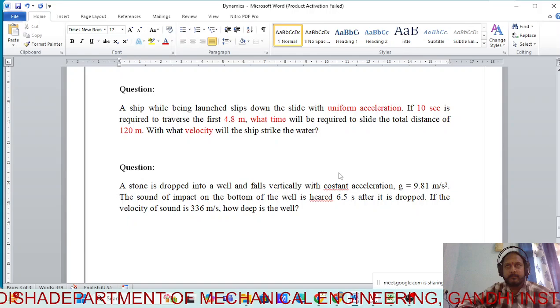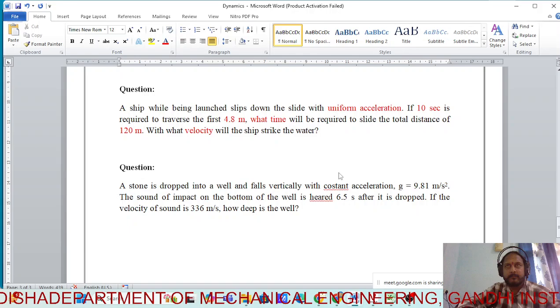What do you understand by this statement? You are near the well. You are dropping the stone. The sound is heard in your ears after 6.5 seconds when the stone is dropped. Now you see, when you are dropping the stone, it is traveling and hitting the water or not?